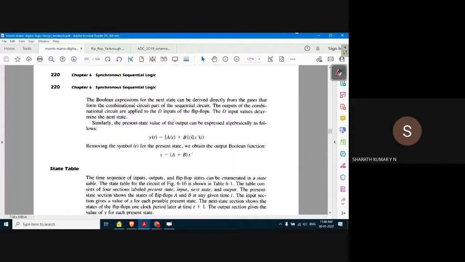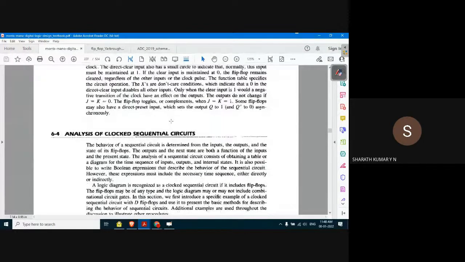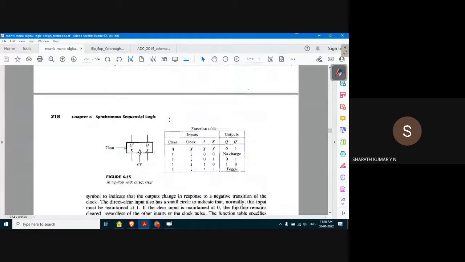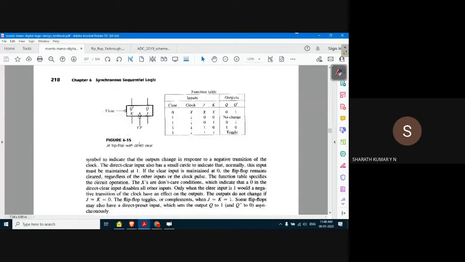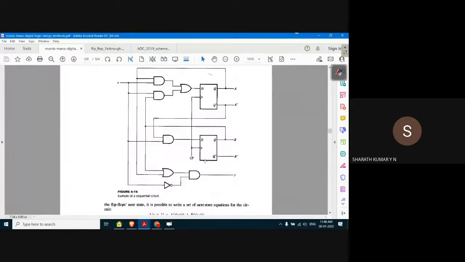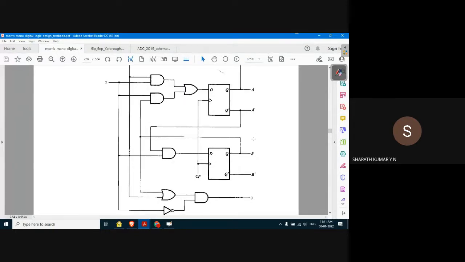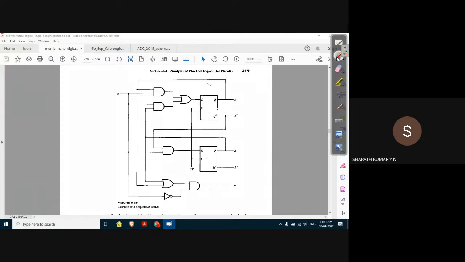Analyze this circuit, guys, with the clock explicitly given to the sequential circuit. These are the direct signals. Observe this circuit. This is an example of a simple sequential circuit. What does this sequential circuit have, guys? I'll try to fit it to the page. It's a D flip flop basically. So this is a clocked D flip flop.